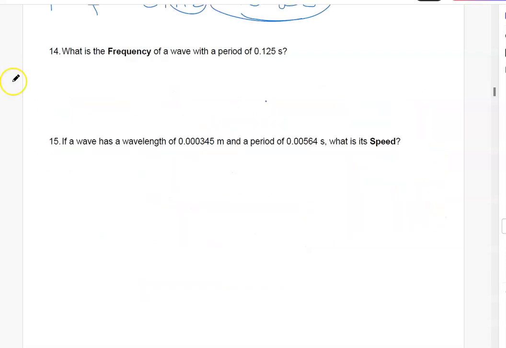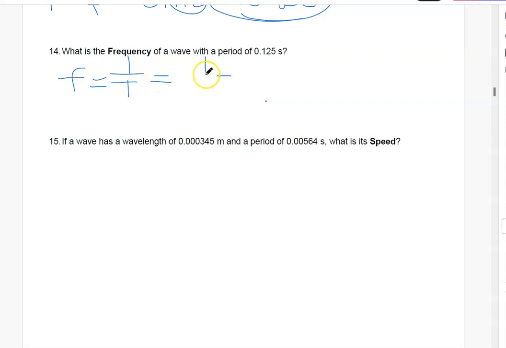The next question, what is the frequency of a wave with a period of 0.125 seconds? Well, this is the same formula we just used, just in reverse. The frequency is equal to 1 over the period. The frequency is the reciprocal of period. The period is the reciprocal of frequency.